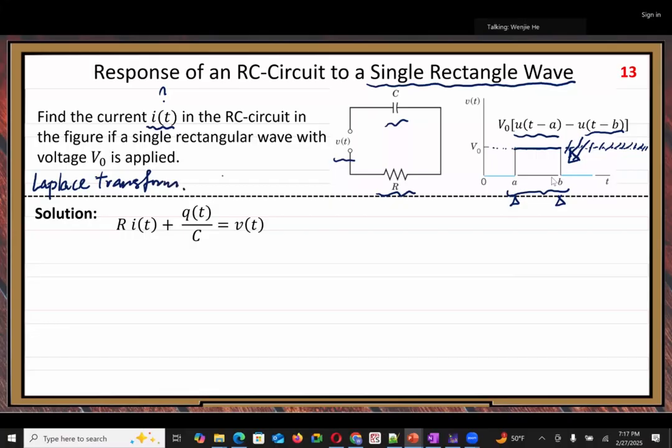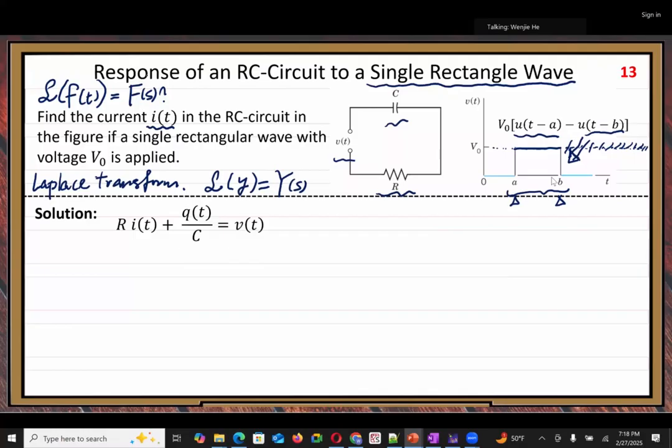Remember, the Laplace transform of little y equals capital Y. Here you can see the Laplace transform of a function, little f, equals capital F. In order to use the Laplace transform, the capital symbol represents the Laplace transform of that function, and its corresponding original function we need to write in lowercase.